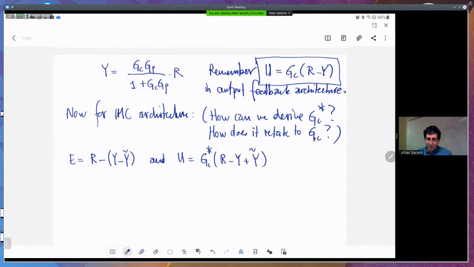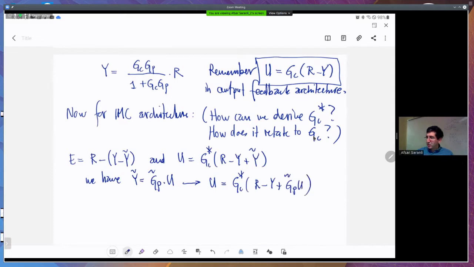Okay, we also have obviously y tilde being equal to gp tilde times u, so I can basically write u being equal to gc star times r minus y plus gp tilde times u. Okay, so I'm getting closer to expressing everything in terms of u.